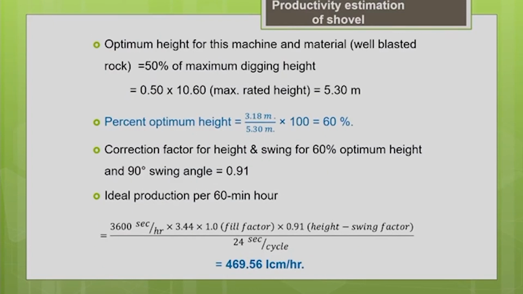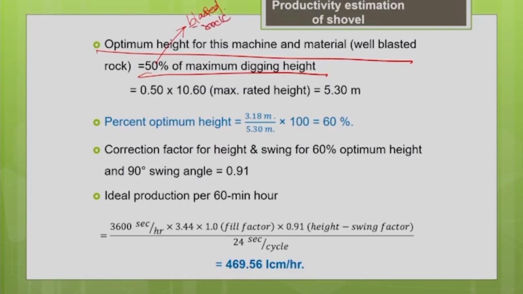Now, as we discussed earlier, we have to find the optimum height for the machine. It is nothing but 50% of maximum digging height. I hope you know why we took 50%, because it is handling blasted rock. Rock is a harder material to handle, so take 50% of the maximum digging height. So, 0.5 into 10.6 meter gives you 5.3 meter as the optimum height for the machine. But what is the actual height of cut it is dealing with?